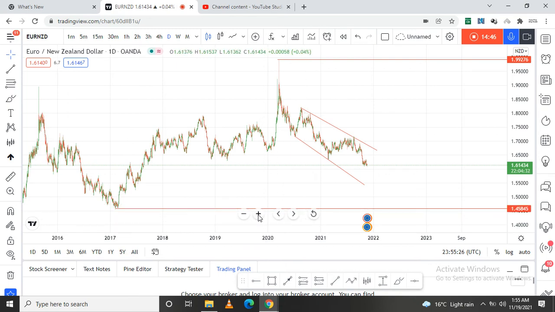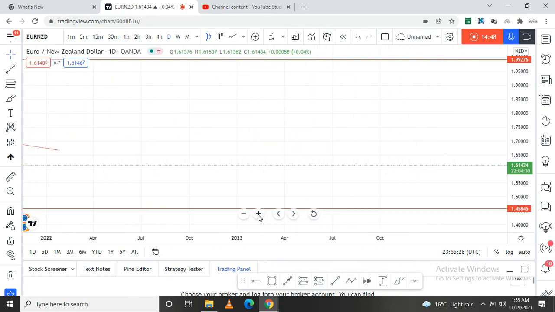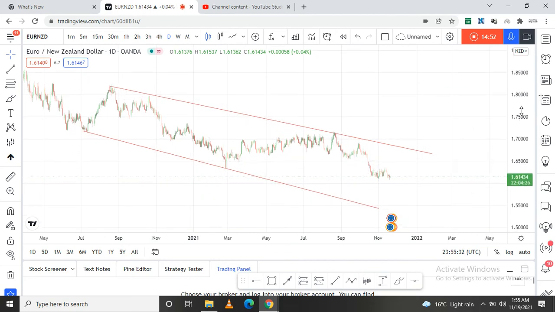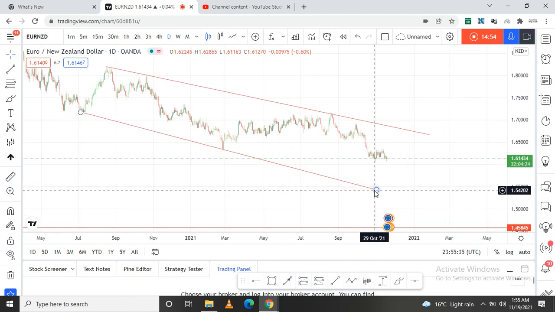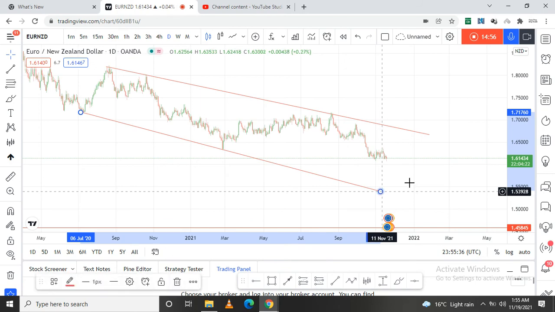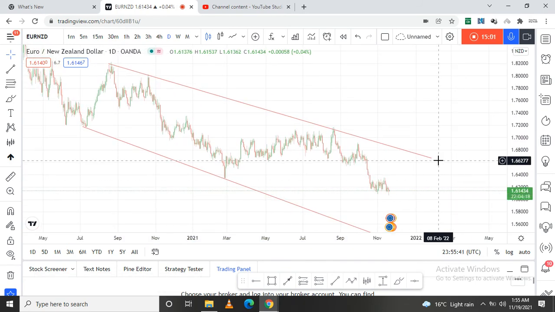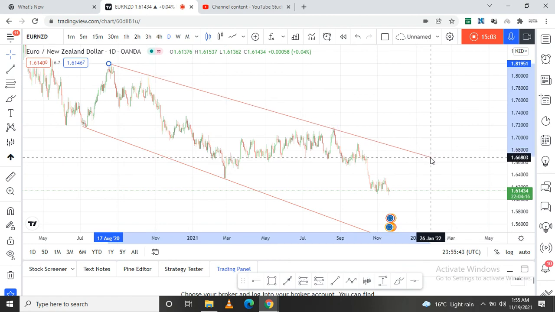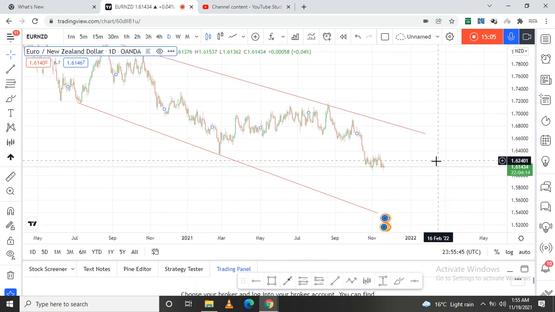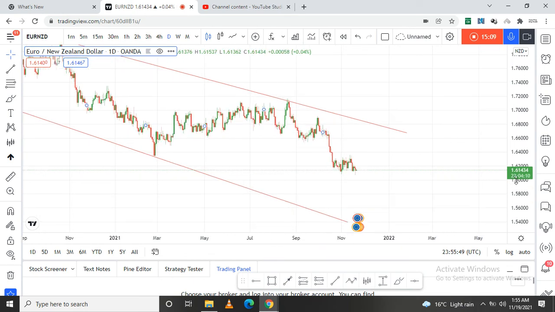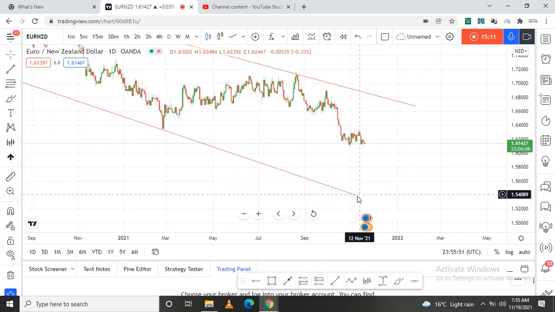So once I have this, I can now zoom into the chart, zoom in to see everything properly.